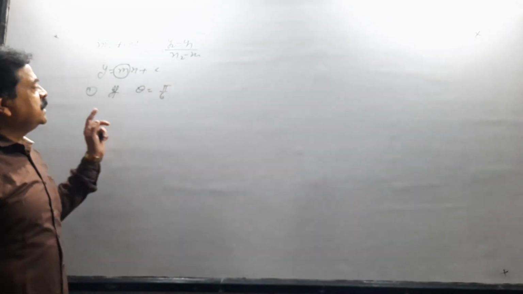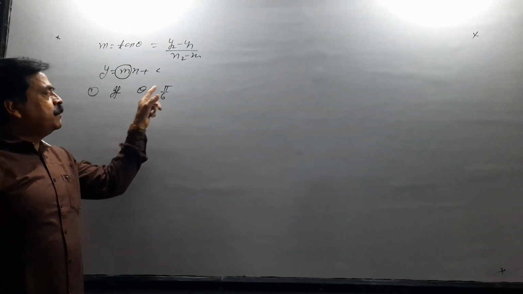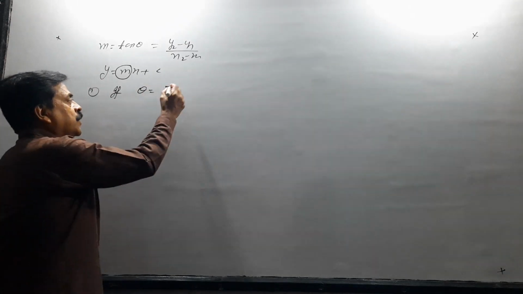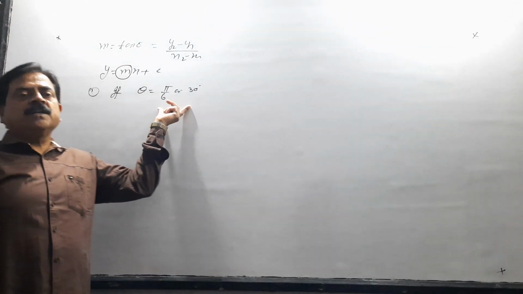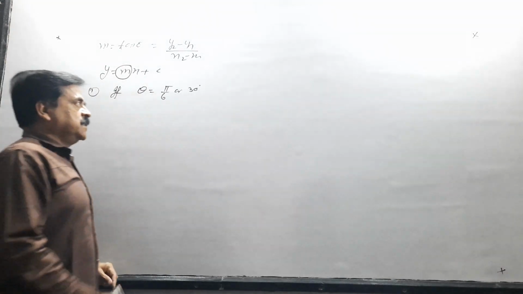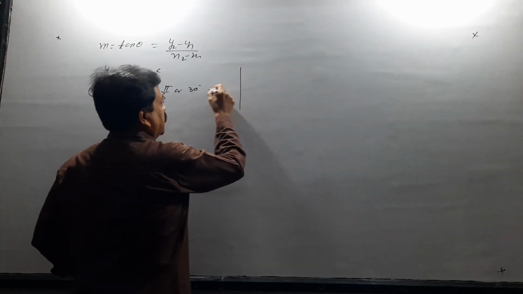If theta equals pi by 6, pi by 6 means 30 degree, and 30 degree is the inclination of the line with the x-axis, like this.